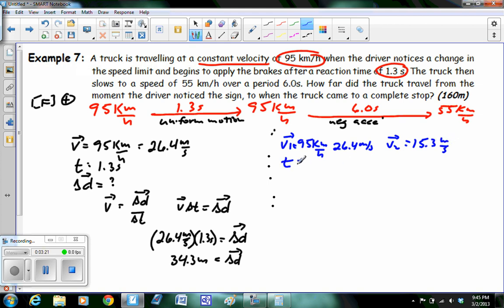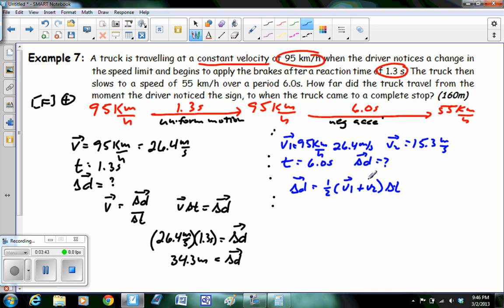And this takes 6 seconds, and we want to figure out how far we travel during that component of motion. So we do a little bit of eHarmony equation match, and we end up with our equation, which is 1/2 v1 plus v2 times time is equal to my displacement.